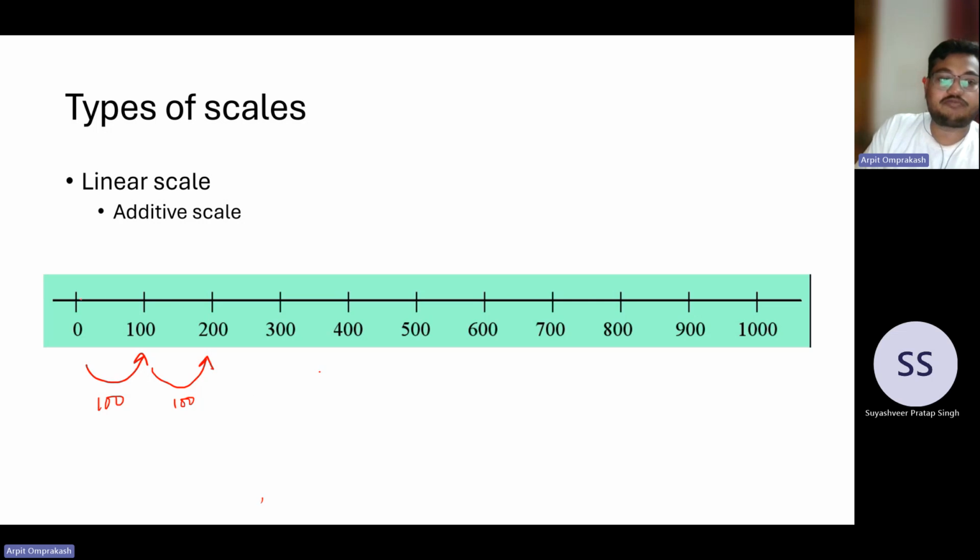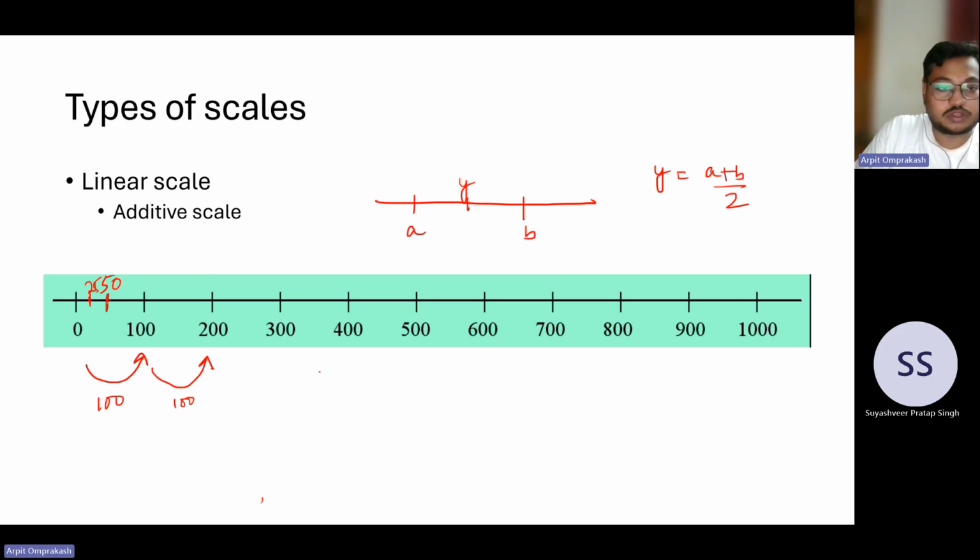And then we might have markings in between these numbers. For example, somewhere here we'll have 50, somewhere here we'll have 25 and so on. So how do we figure that out? If you have a linear scale and two markings, A and B, the point in the middle, let's say it's Y, is given as (A plus B) by 2.